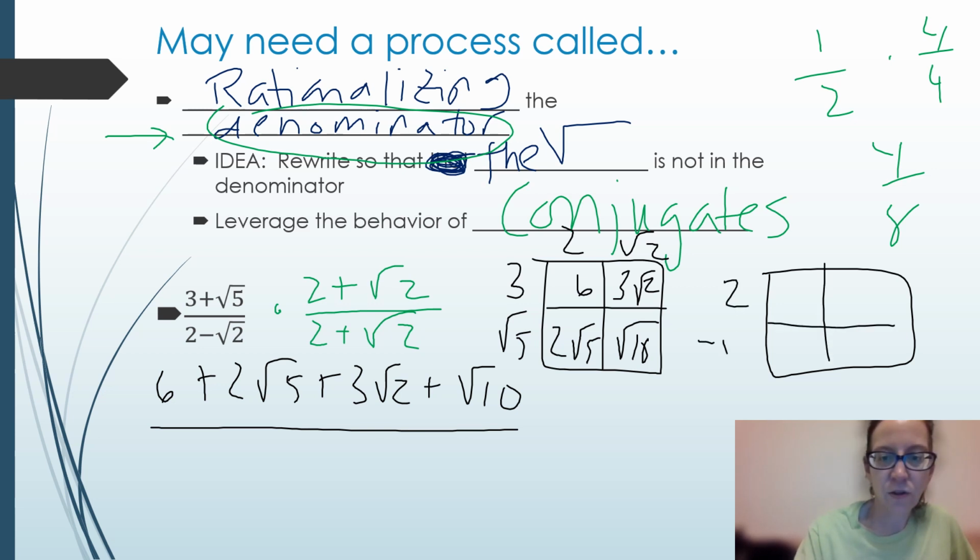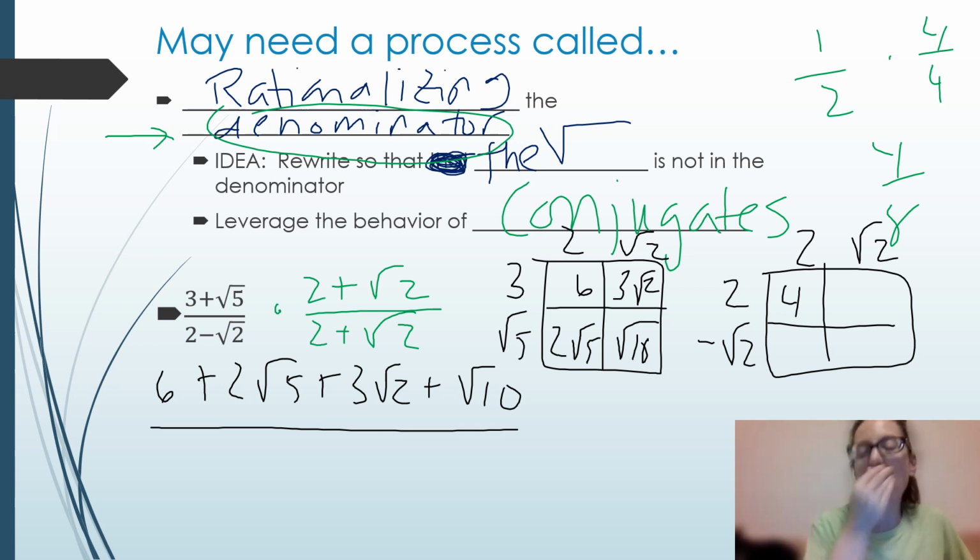So this is 2 minus root 2 times 2 plus root 2. 2 times 2 is 4. Now, if you want to, you know that the middle pieces are going to cancel out anyway. So if you don't want to do them, that's fine by me.